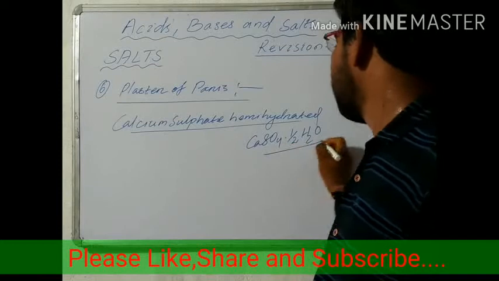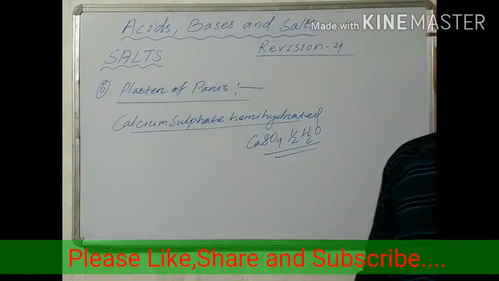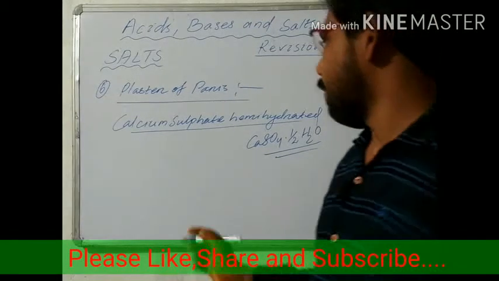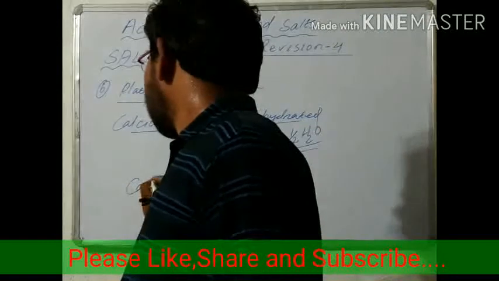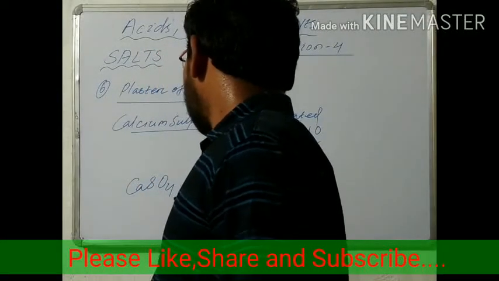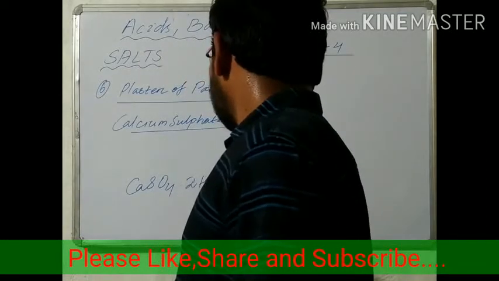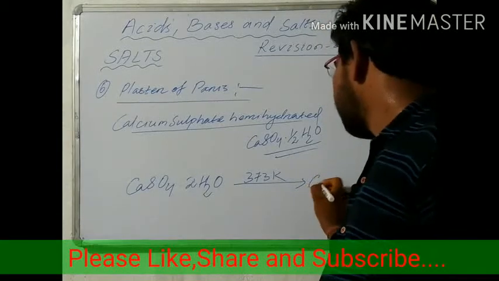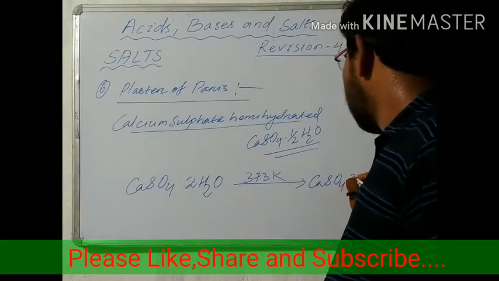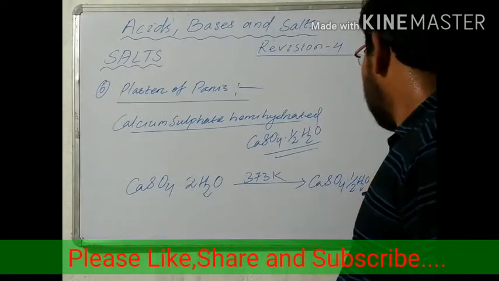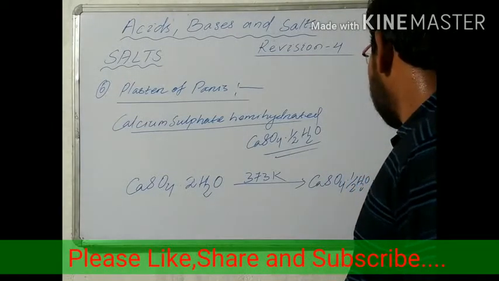Hemi means half H2O. Plaster of Paris is prepared when we heat gypsum up to 373 kelvins. The gypsum formula is CaSO4.2H2O, and it is also a hydrated salt. When heated to 373 Kelvin, it changes to plaster of Paris, CaSO4 dot half H2O, plus 3 by 2 H2O.